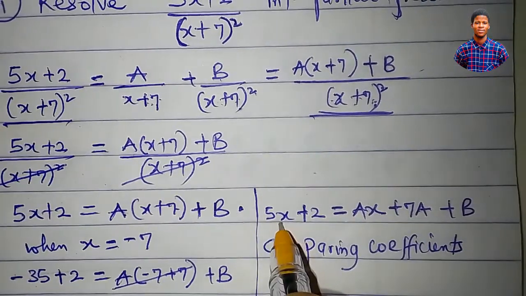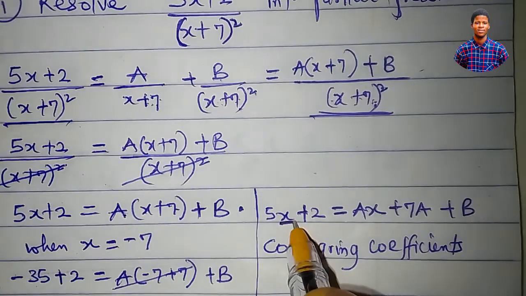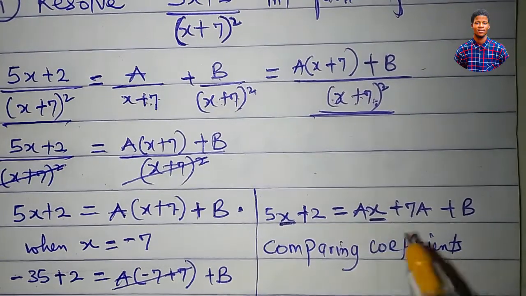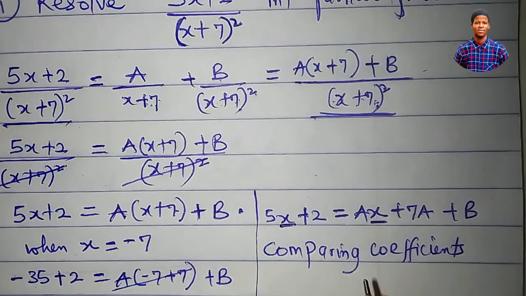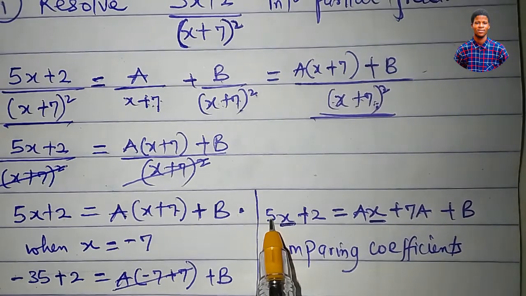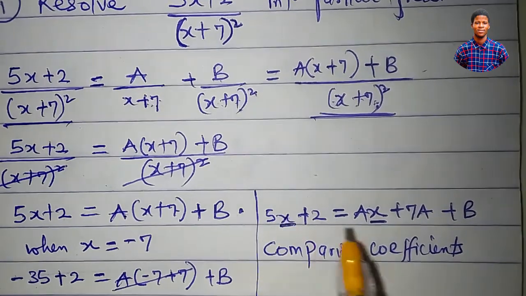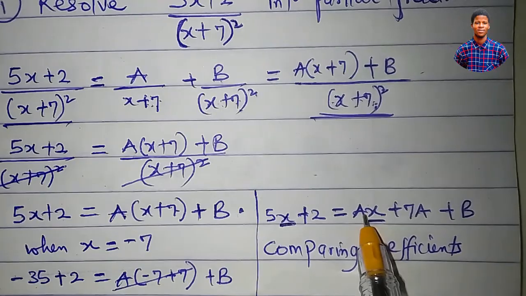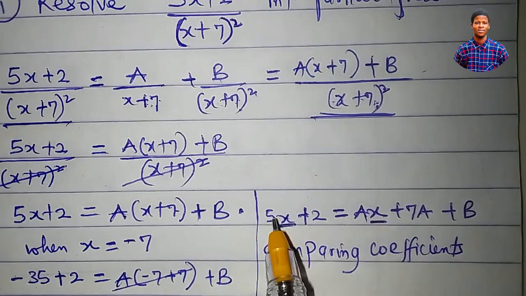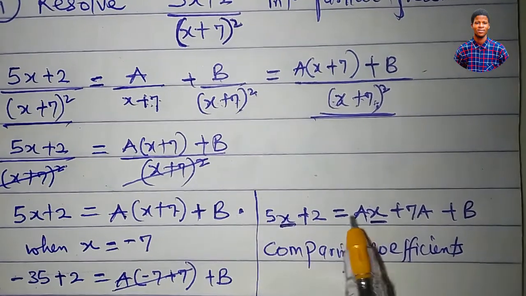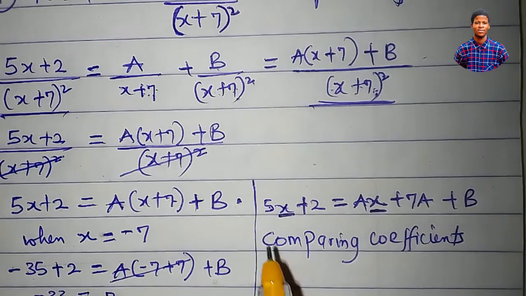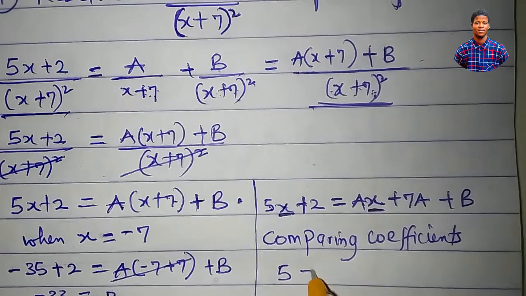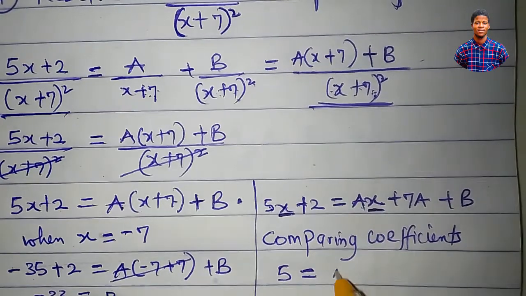I have a term in x at the left hand side. I also have a term in x at the right hand side. Their coefficients are the same. That is what it means. Okay? So 5 here is the coefficient of x here. a here is the coefficient of x here. I can say that 5 is equal to a, which means a is equal to 5. So comparing coefficients, 5 is equal to what? a.